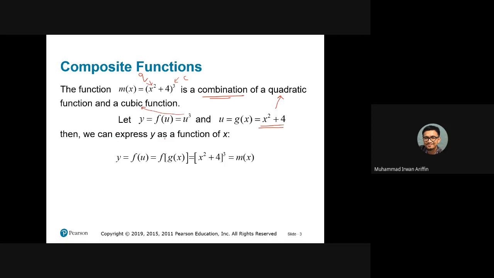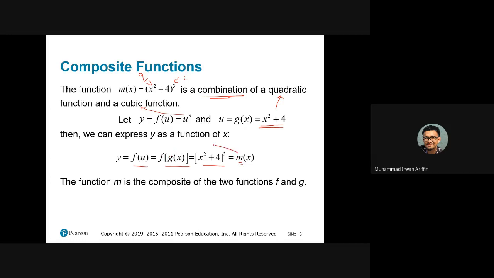So we can express y as a function of x. We can simplify everything and express everything in terms of x. These are different notations, different ways. The function m here is the composite of the two functions f and g, because you can see the function g is nested inside f.